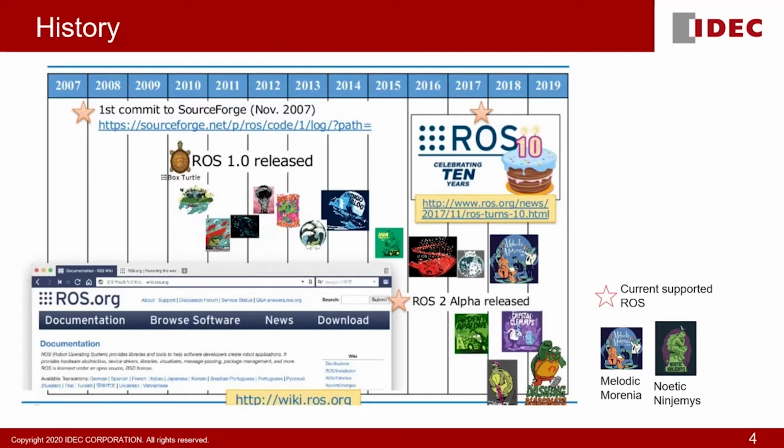The two current running ROS, that is Robot Operating System, versions are Melodic Morenia and Noetic Ninjemys. The first one's support is extended till 2023, and the second one's support is extended till 2025.